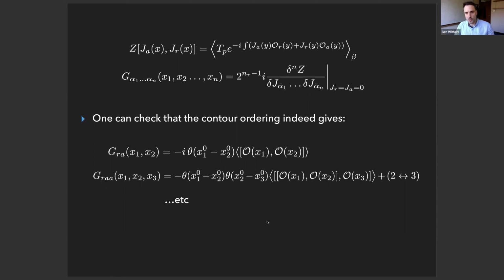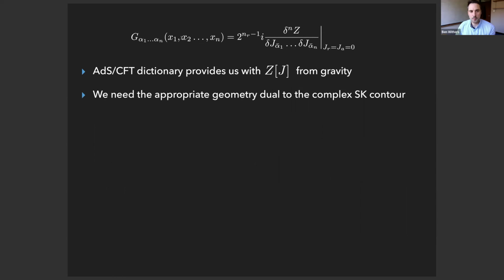So the reason we did this, of course, is now we want to get these retarded correlation functions from a variation of the path integral, and this is where AdS/CFT steps in. AdS/CFT will tell us what this path integral in the presence of sources is from a gravity computation. In the Euclidean context, that's just the GKPW dictionary.